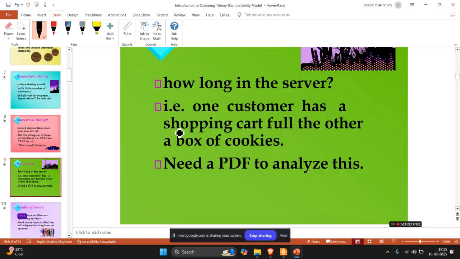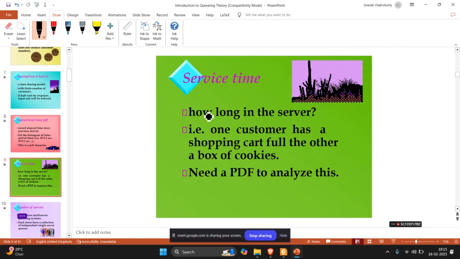Next is service time. So what is service time? Service time is basically the time that the packet spends in the server. If you have one server, then that server will take, of course, one packet at a time.